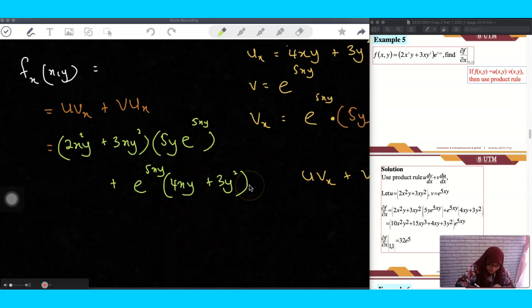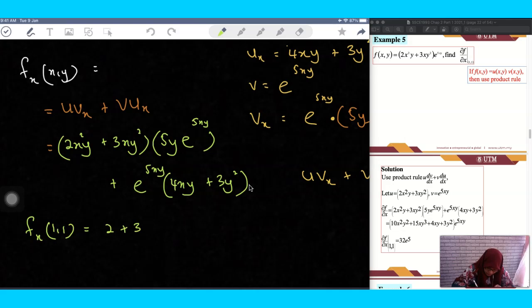Now replacing the values x = 1, y = 1, you have 2 plus 3, then multiplied by 5e^5, plus e^5 times 4 plus 3.